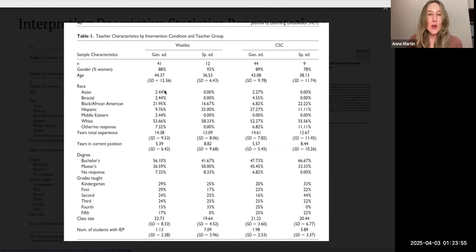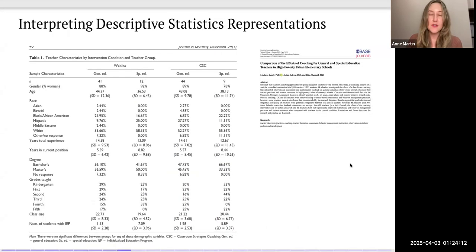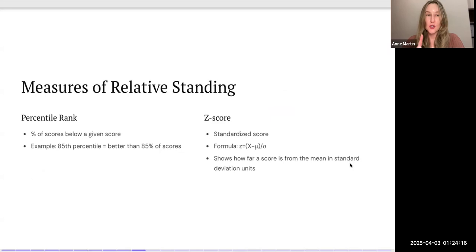Here you can see percentages for racial identity of the participants, including the standard deviation there as well. The standard deviation here goes with years of experience. You can see the degree breakdown and then grades taught. So this is an example of what a descriptive statistics table will look like in a research article. This one is describing the participants.